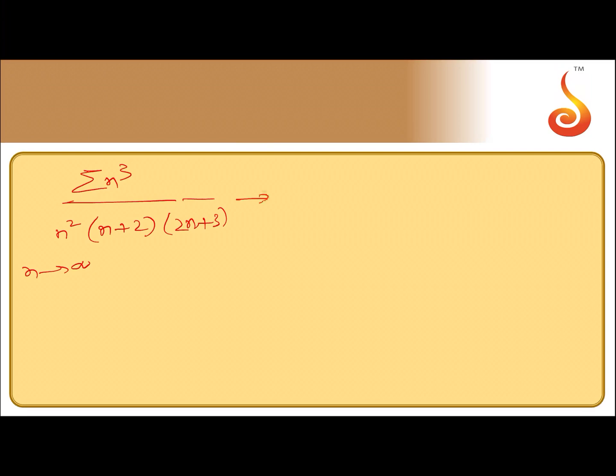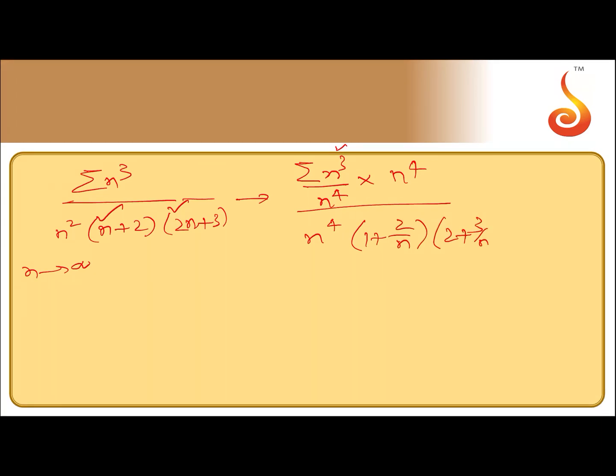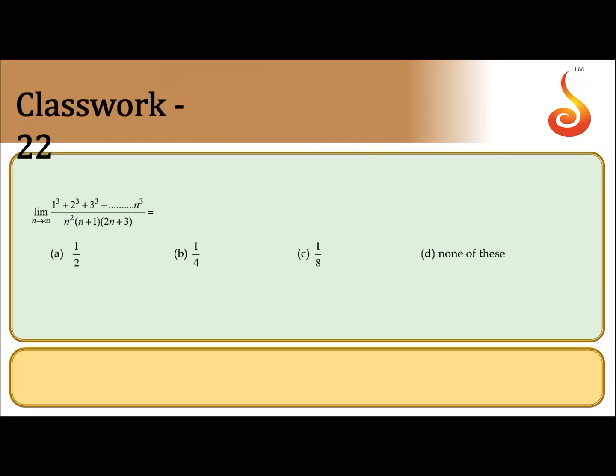Why not simplify this problem like this: sigma n cube, which is n power 4 over 4, divided by n power 4 multiplied by (1 plus 2 by n) multiplied by (2 plus 3 by n), so that the n power 4 terms get cancelled. As n tends to infinity, the answer is 1 by 4 divided by (1 plus 0) multiplied by (2 plus 0), which equals 1 divided by 8. So the answer is C.